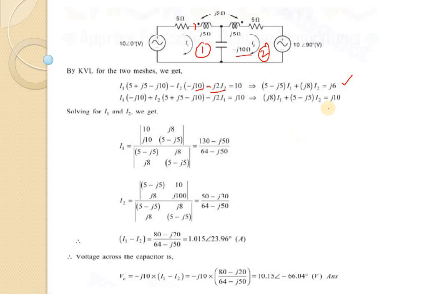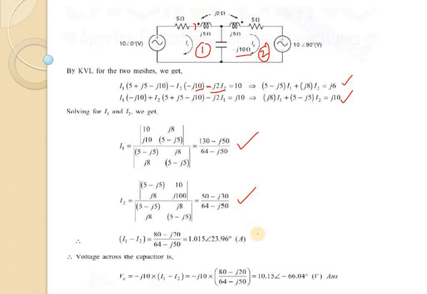In a similar way, we will write the second equation, and using Cramer's rule we have solved this problem and got the values of I1 and I2. You can take any other method for solving the equations, and you should try the methods for practice, because for examinations we need to practice. Otherwise, directly in the examination hall, it is not possible to solve numerical problems.